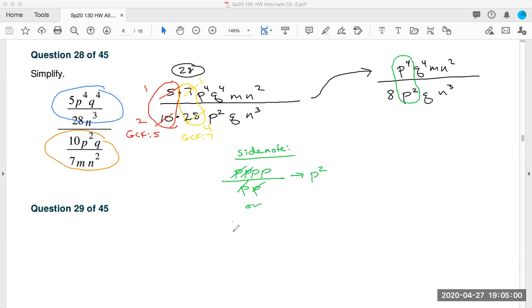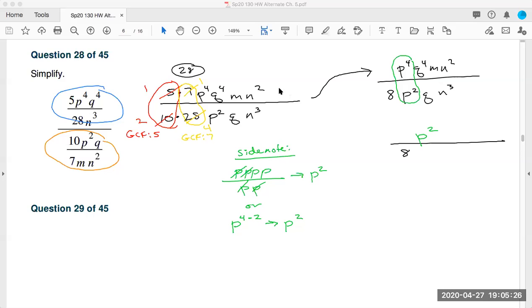Or you can say, okay, P has 4 for the exponent in the numerator. I'm going to subtract the exponent that's in the denominator, and that gives me P squared. Okay. So let me make my big fraction bar. Let me toss my 8 down here. And then I'm going to put my P squared on top where it belongs.